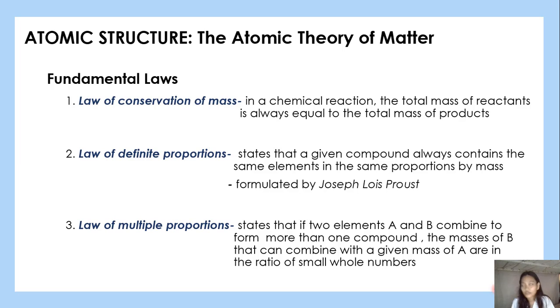So carbon and oxygen can form carbon monoxide and carbon dioxide, so CO and CO2. The ratio of carbon to oxygen in carbon monoxide is 1:1, and the ratio of carbon to oxygen in CO2 is 1:2. So they can combine in a given mass and are in the ratio of small whole numbers. So that is what this third law is all about.